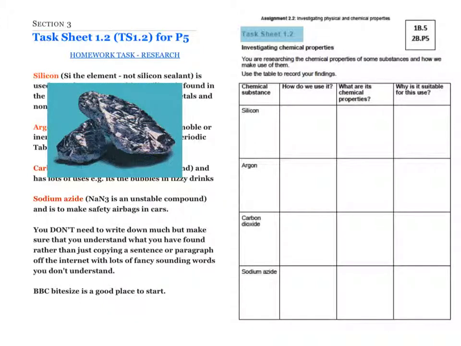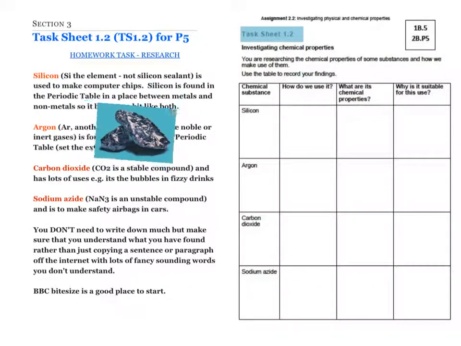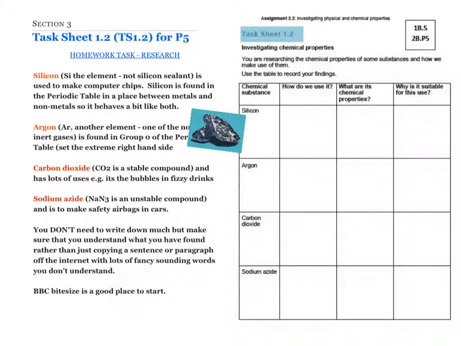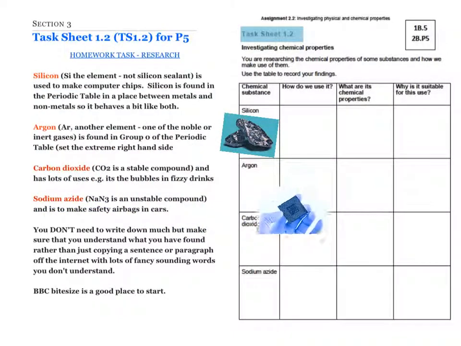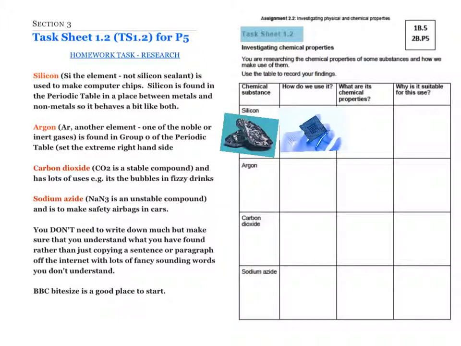Silicon is silvery in colour, just like a metal, but it is also crystalline and brittle, so it also has the properties of a non-metal as well. The main use of silicon is in processors and semiconductors found in computers and electrical components.